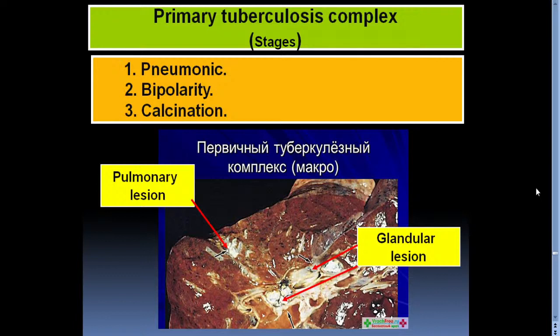Second stage, bipolarity. And third stage, named calcination. And on this preparation, you can see lung with pulmonary lesion and affection of lymph nodes, glandular lesion. This is a macro preparation after operation.